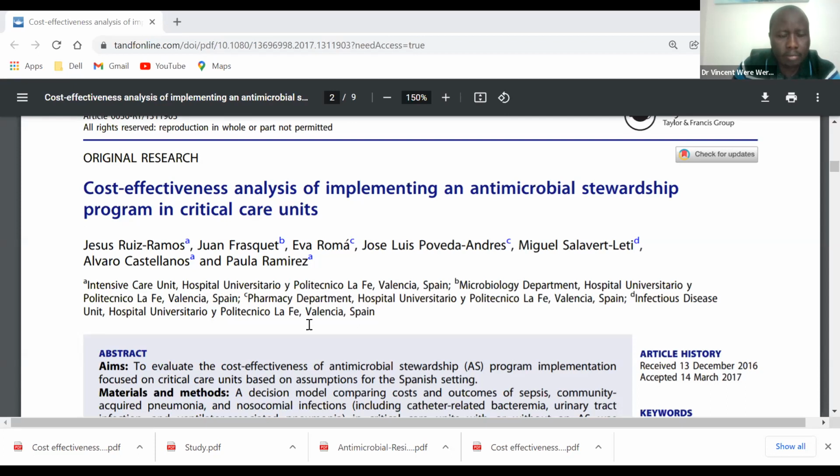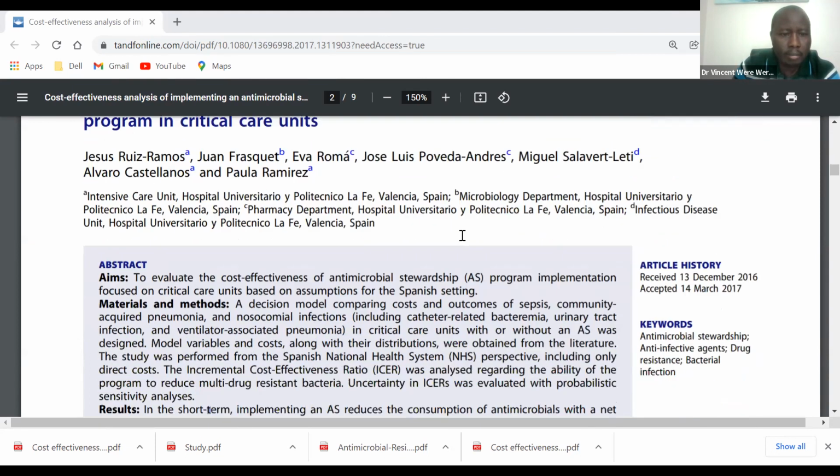In a cost effectiveness analysis, the idea is to compare the cost of two or more alternative programs, and also compare the benefits of implementing them. This example study was done in Spain. I won't present on this study, but I'm giving you a hint of what happens in your line.